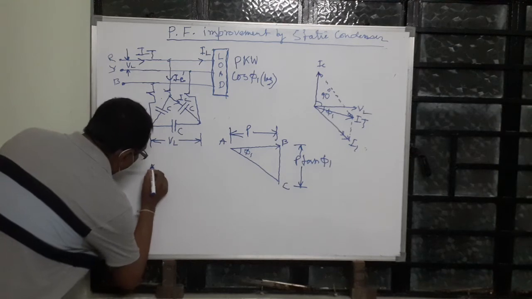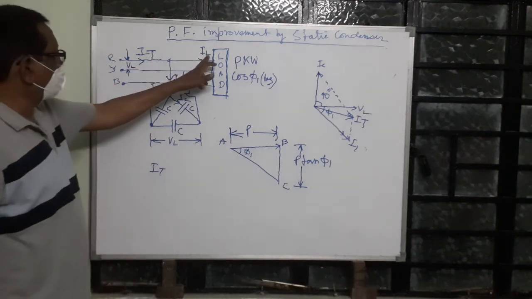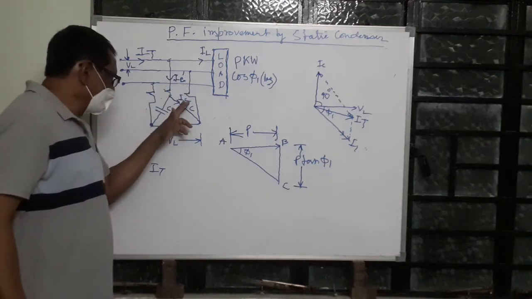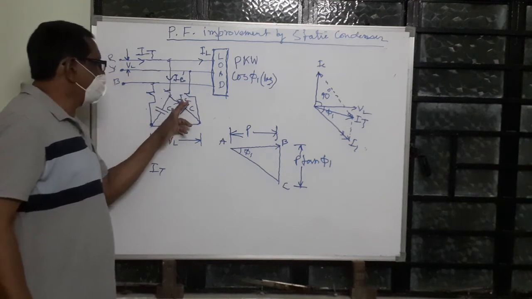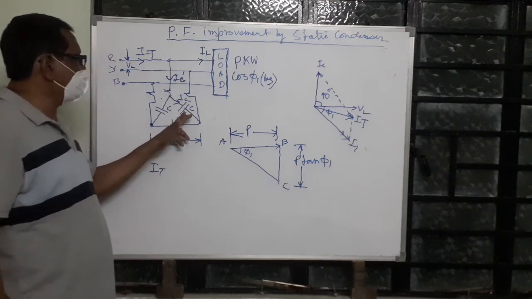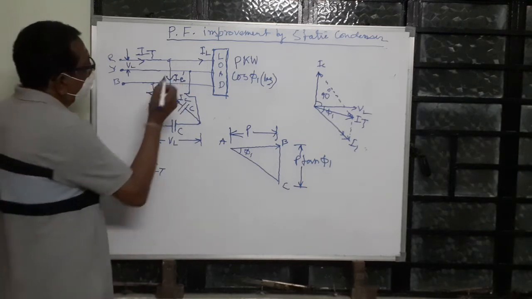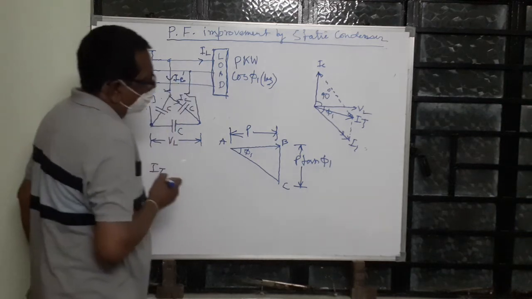IT is actually the resultant of IL and IC dash. IC is the phase current in the delta system and IC dash is the line current. So IT equals IL plus IC dash.